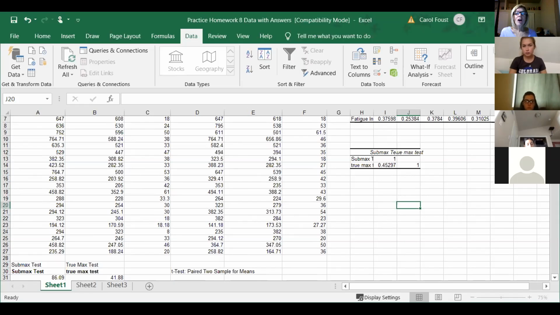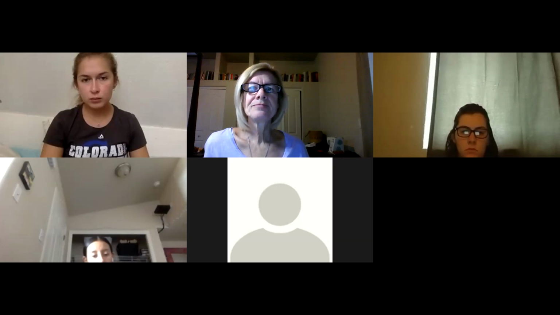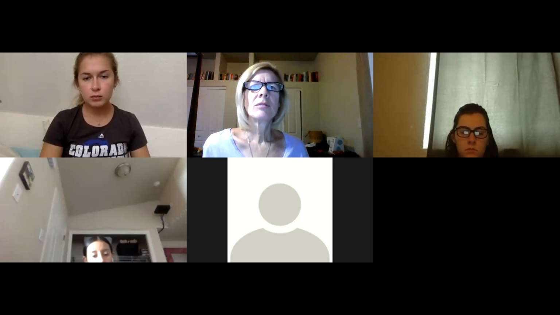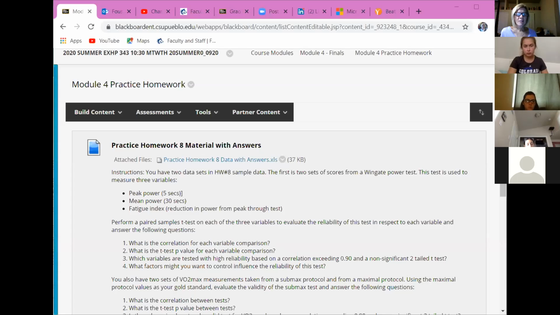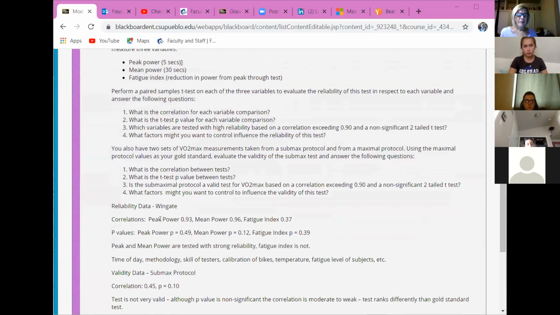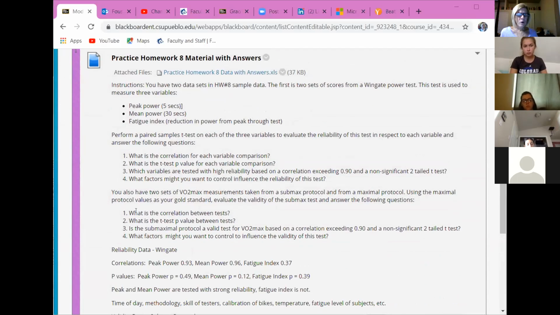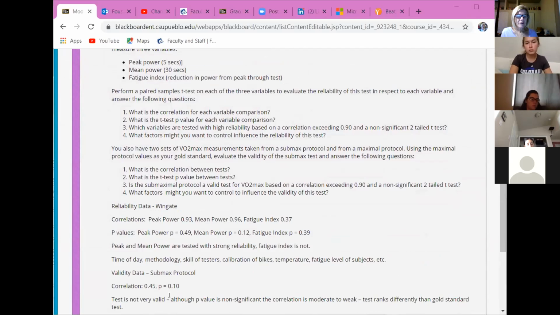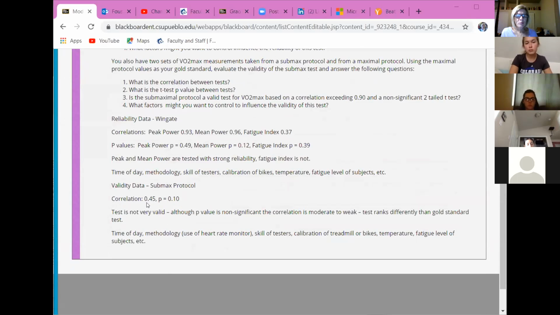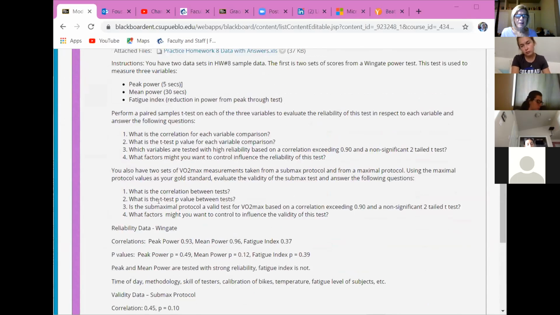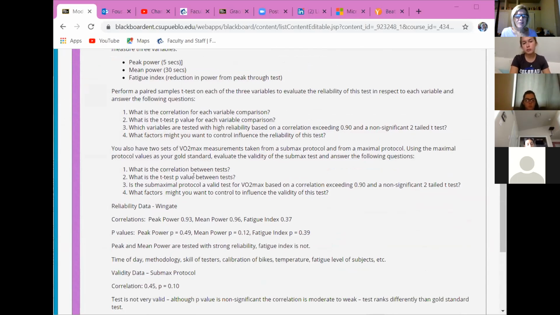So if we hop back to the homework, what did I do with my homework? There it is. If we hop back into the homework and we ask, this is our validity reliability measurement. What is the correlation between the tests? We come down here, the correlation was 0.45. And what was the t-test p-value? 0.10.